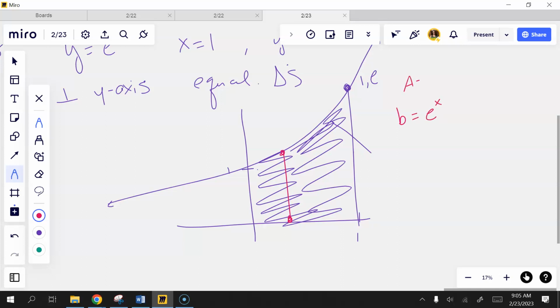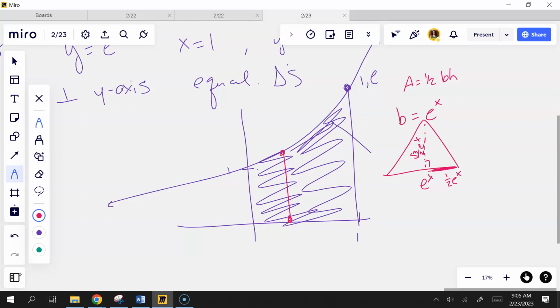Remember, area is 1/2 base times height. But because it's an equilateral triangle, my height drops down like this. So this is e to the x, but I need to know half of that. So I'm just going to say it's half e to the x. And then to get from that short leg to the long leg, which is the height, I'm going to multiply by the square root of 3. So I get square root of 3 over 2 times e to the x.